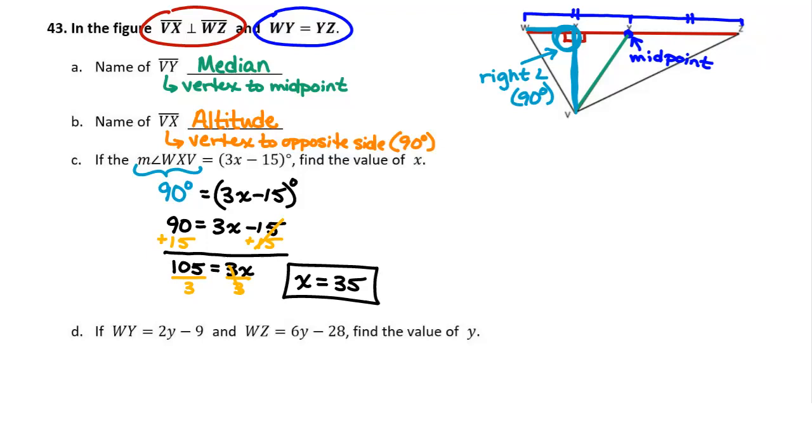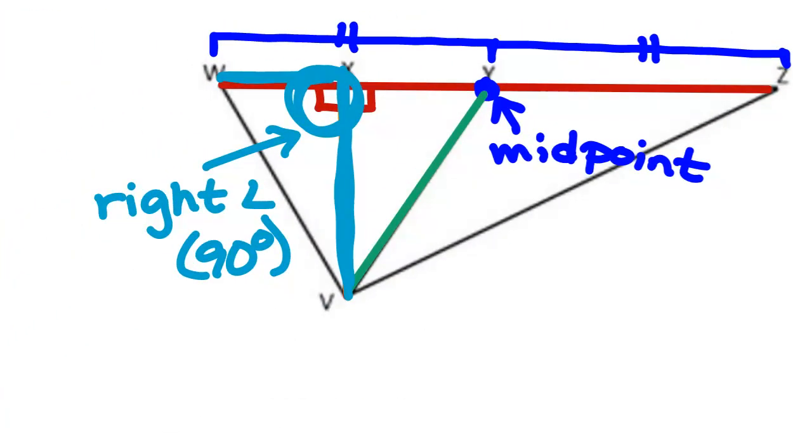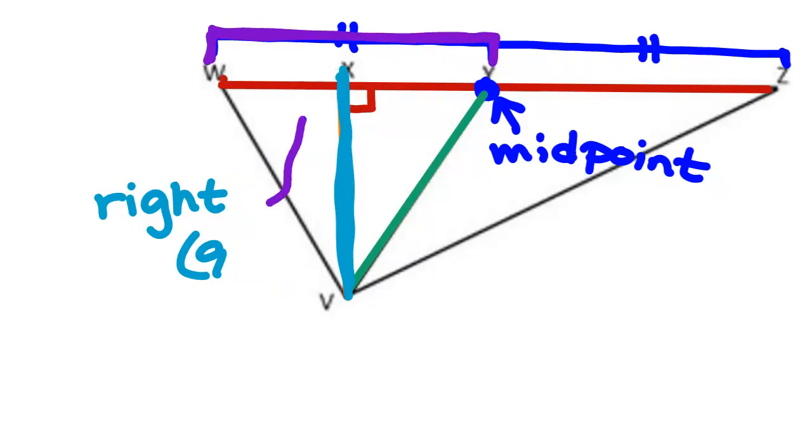For part D, it says that wy is 2x minus 9. So let's go find that on the picture. Wy, this distance right here, is 2x minus 9.